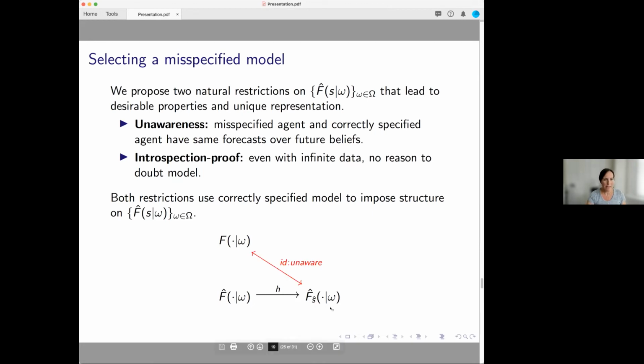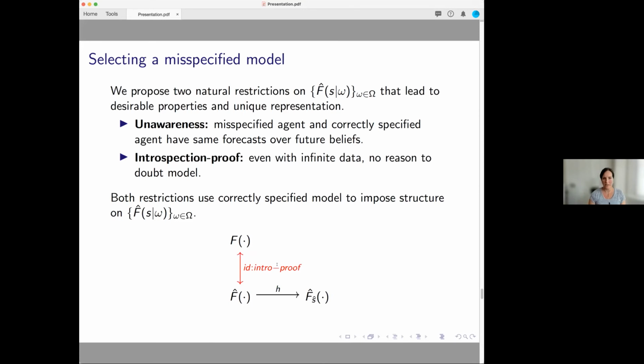What does unawareness give us? Well, it tells us that the true distribution over the true posterior is equal to the agent's subjective distribution over the subjective posterior. So it's saying that these two are identical. In other words, agents are making the same forecasts over their beliefs as correctly specified agents. Whereas introspection proof now, what's relevant when the agent is looking at their past data is their current expectation of that, which is their expected belief about the signals given their current belief about the state.